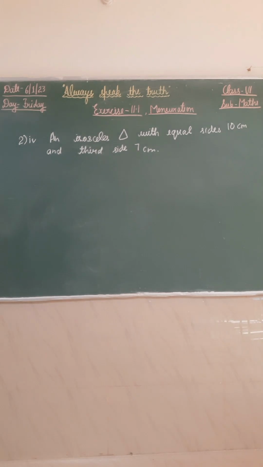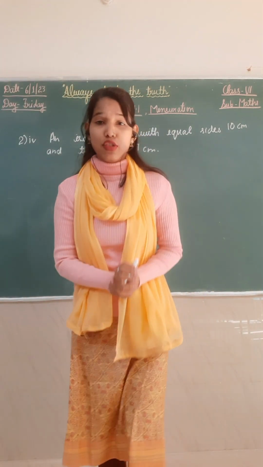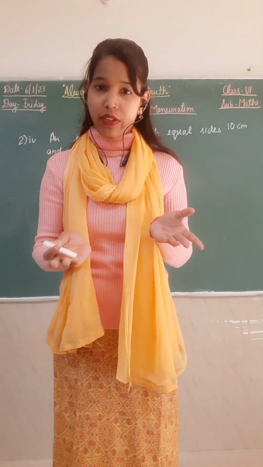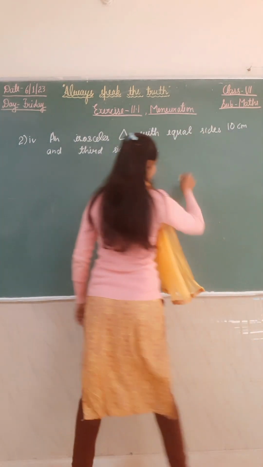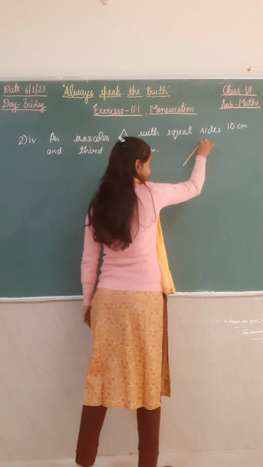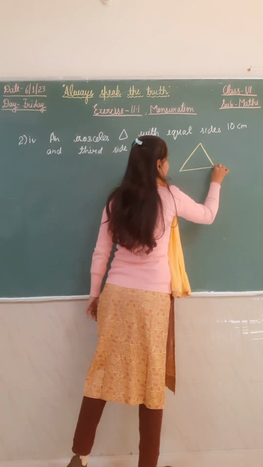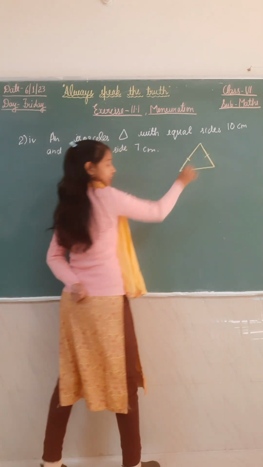So class, you all know about isosceles triangle, right? What is an isosceles triangle? An isosceles triangle is a triangle in which two sides are equal. Look here, this is an isosceles triangle. You have to draw it in your fair notebook also. Let's say this side and this side are equal.